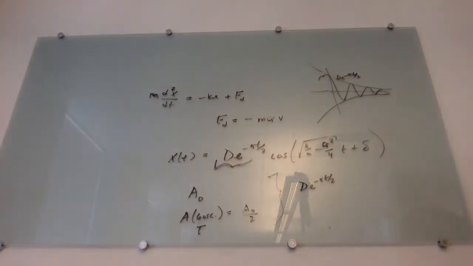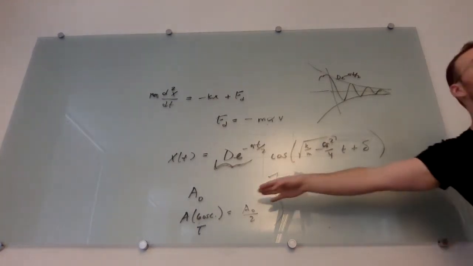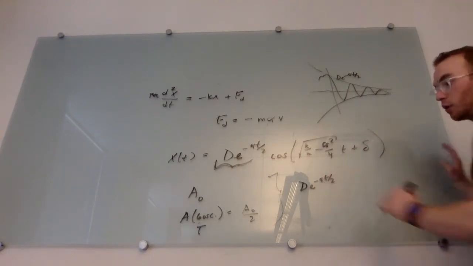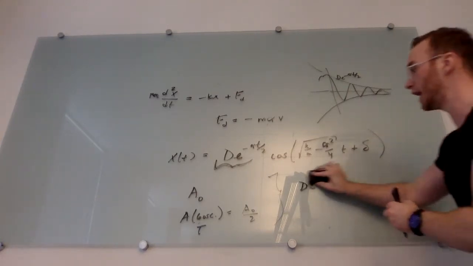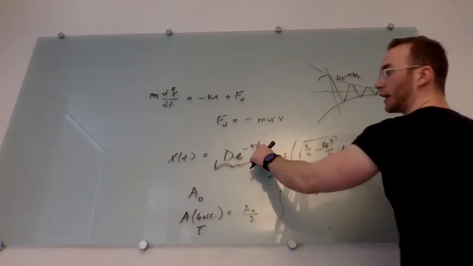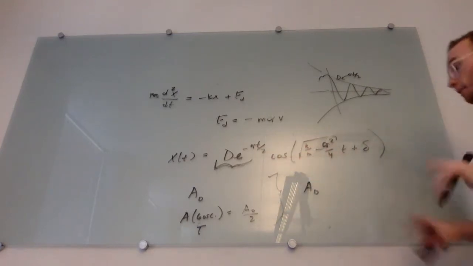If you want to plug in numbers, you're free to. You will see that this specific number doesn't even matter to the answer. It could start at any point, as long as they say half. That's what matters. So at t equals 0, the amplitude is just A naught, which, if we plug in 0, ends up being d. So we could replace d with A naught, but I'm not going to do that for now.